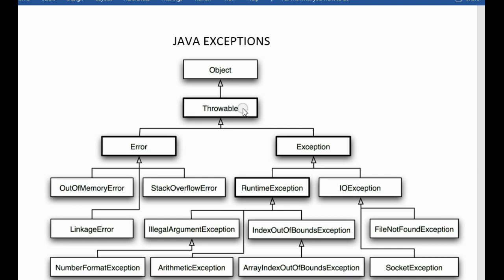So when we talk about where all Java exceptions extend, they all extend throwable. It would be incorrect to say all Java exceptions extend object because that's too generic of a statement. As I say, all classes in Java extend object. So we're specifically saying the exception class and the error class extend the throwable class.